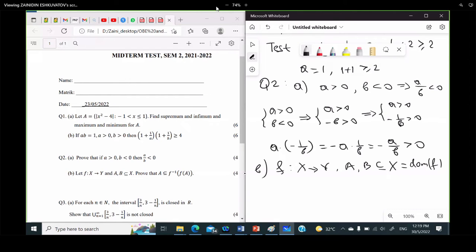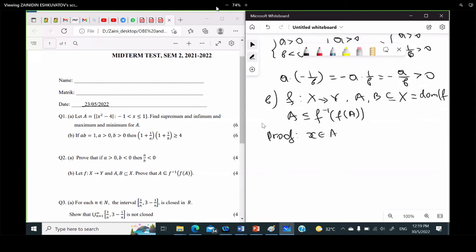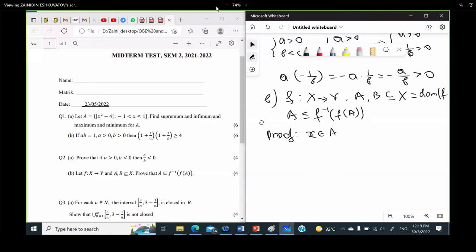Now how do we prove that A is a subset of f inverse of f of A? In the proof, we take x from A. Let x belong to A. Then, when x belongs to A, consider f of x. A is a subset of x.